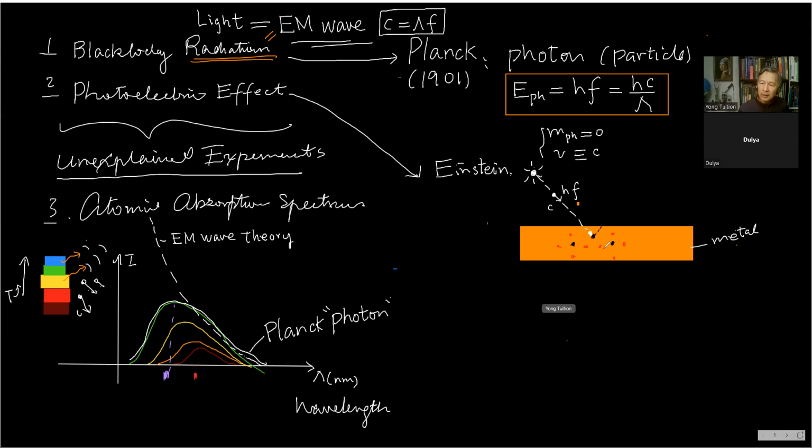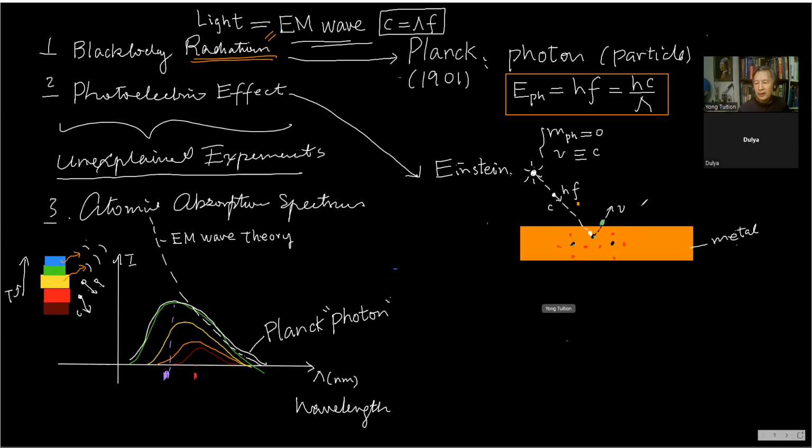So the electron can jump out from the surface. We just assume that if the energy of the photon is sufficient, the velocity after escape is still moving. So that is the velocity after the electron escapes from the surface.